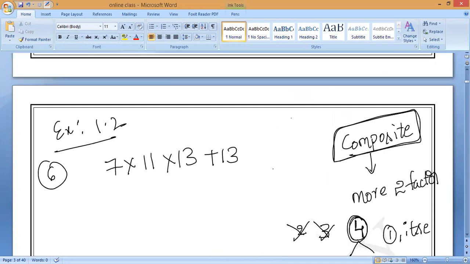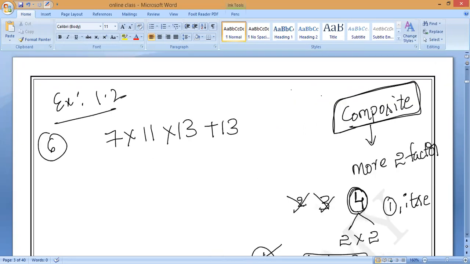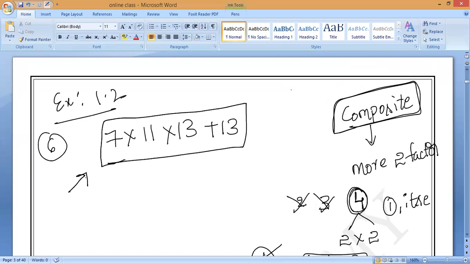See this question: 7 into 11 into 13 plus 13. It is the composite number. How to explain this is a composite number? In these two terms, 7 into 11 into 13 is one number and 13 is one number, correct?